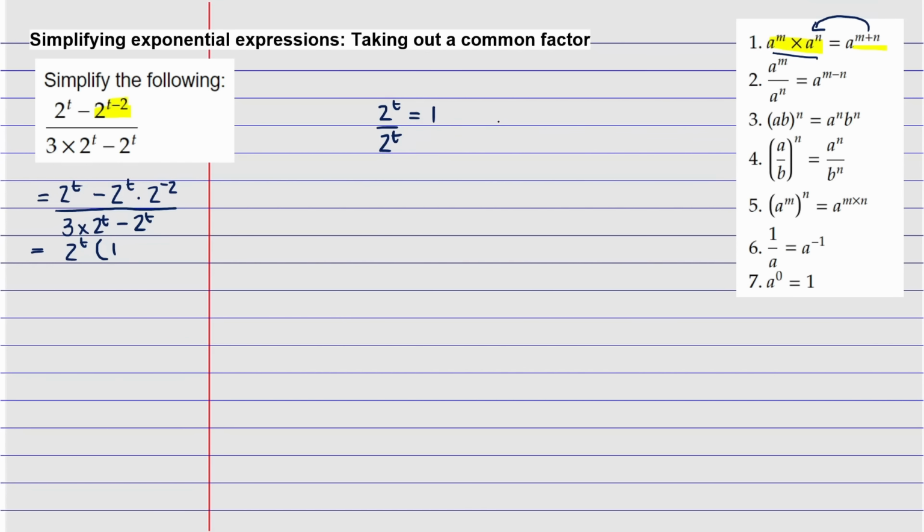Then for the second one, which is 2 to the power t multiplied by 2 to the power negative 1, if I divide it by the common factor, 2 to the power t, this cancels out. So here I'm going to be left with 2 to the power negative 1. So that's what we're doing. So this is going to be minus negative 2, not 1. So this is going to be 2 to the power negative 2. That's what's going to be left.